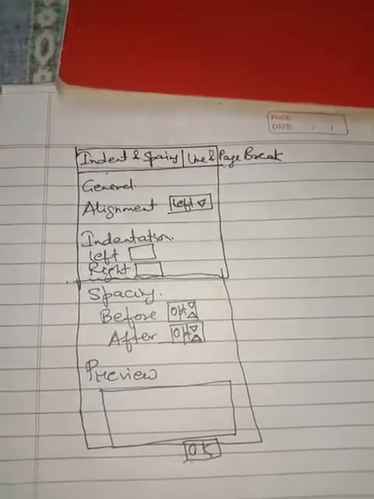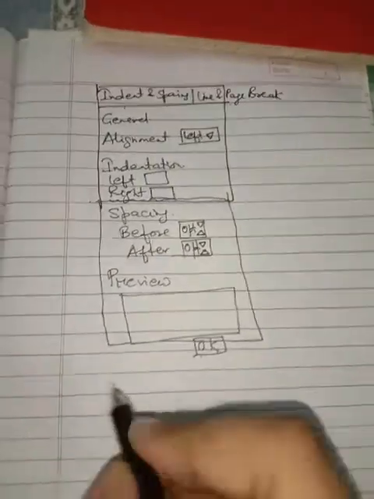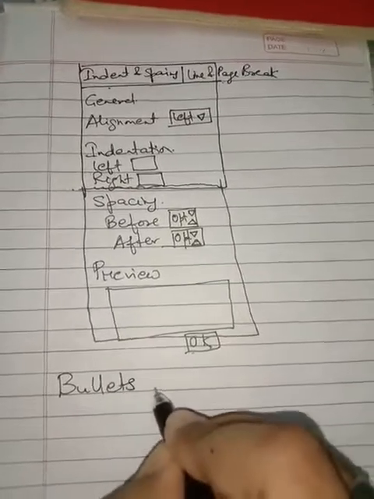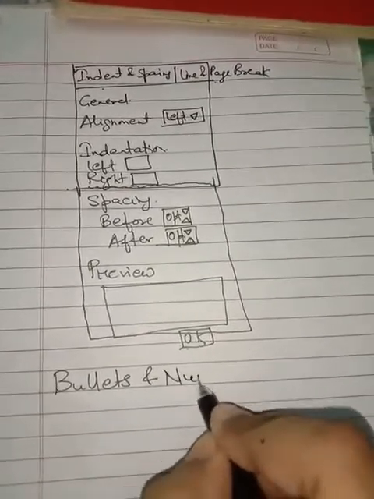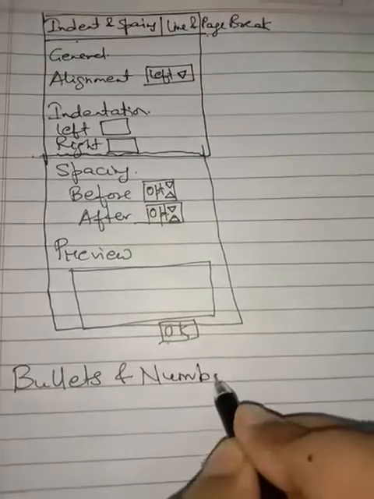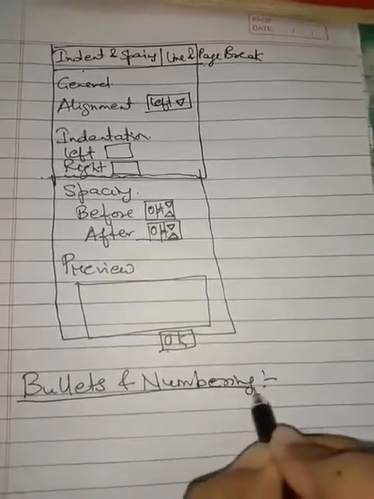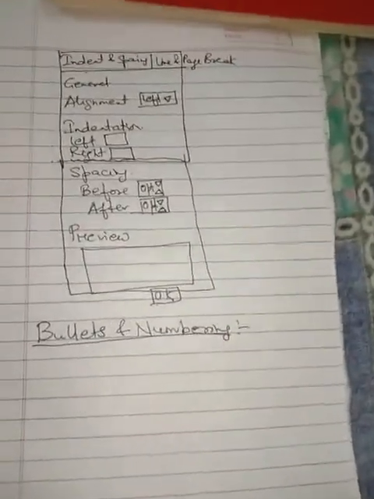Next we have the options of bullets and numbering. So what are bullets?